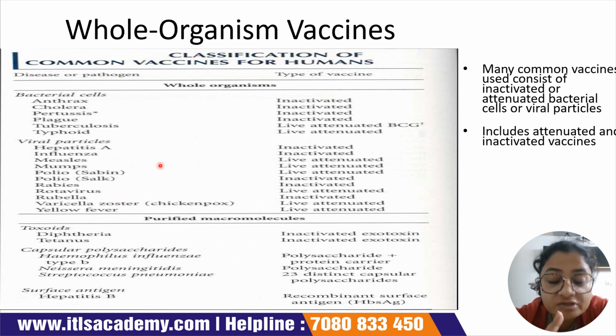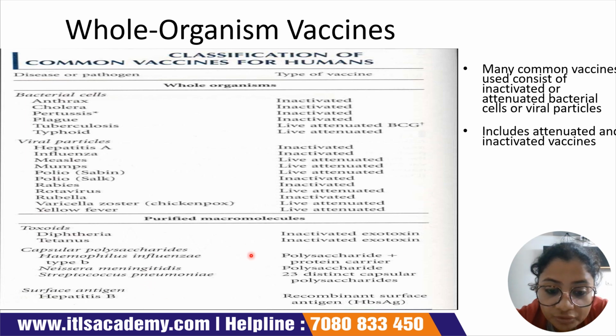Polio: in case of polio, we have two types of vaccine, Sabin and Salk. The Sabin vaccine is the live attenuated vaccine, and the Salk vaccine is the inactivated or killed vaccine. Then we have rabies, which is again live attenuated. Then we have rubella, which is inactivated. We have varicella zoster virus, that is chickenpox virus, which is live attenuated. Then we have the yellow fever vaccine, which is also live attenuated.